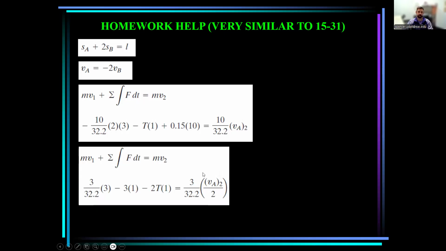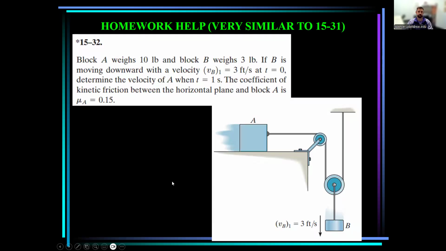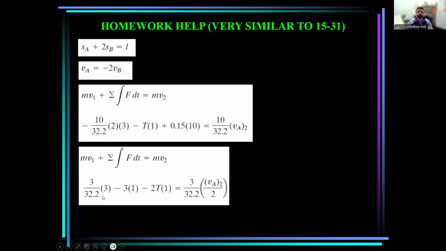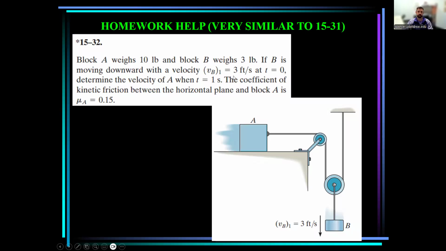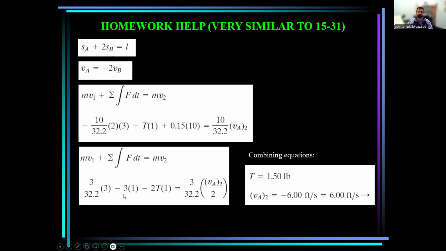And then we can set it up for the block. This is block B, where we have the 3-pound, which is block B, divided by gravity. So there's the mass in slugs. It was originally going 3 feet per second. And we've got a minus 3 times 1. So that is going to be its own weight, pulling it down for 1 second.